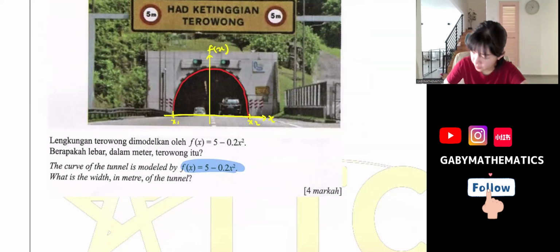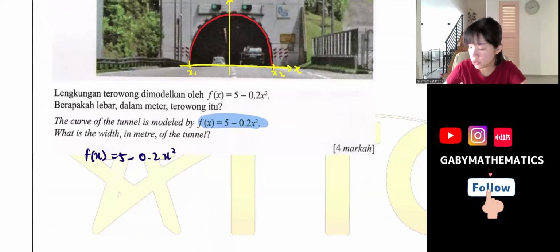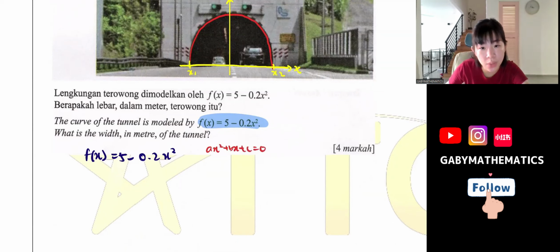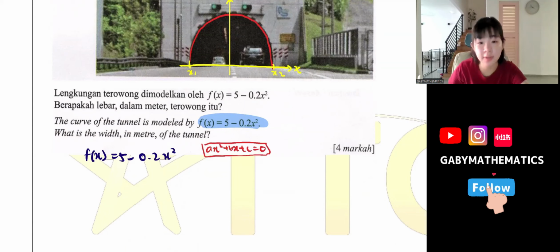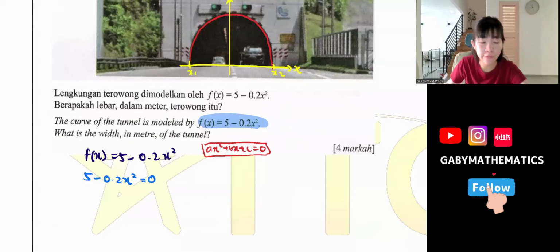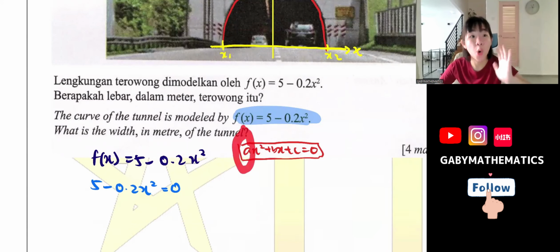So f(x) = 5 - 0.2x². We make it into general form, bentuk am. Remember what general form is? ax² + bx + c = 0. So we make it 5 - 0.2x² = 0. For general form, we want the first number to be positive.